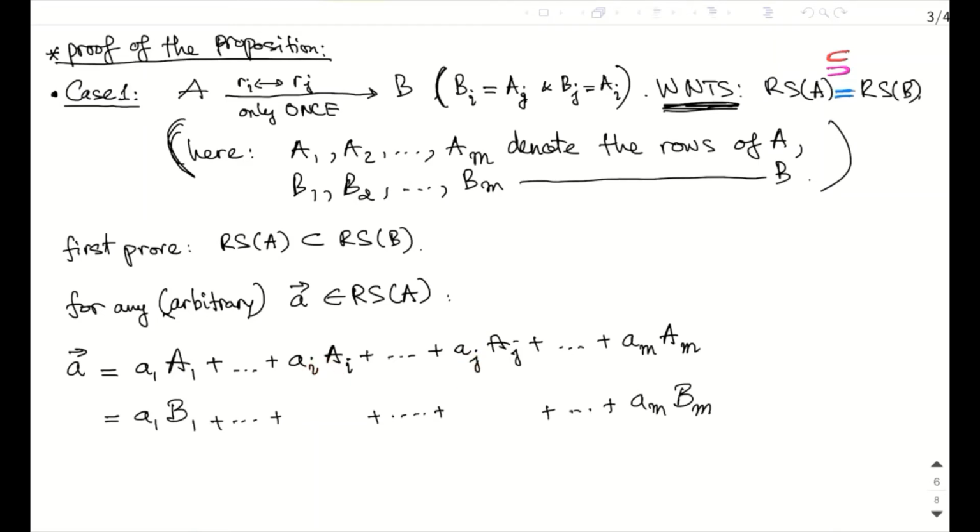Because we switch the two rows of A, this is going to become Bj, and this is going to become Bi.